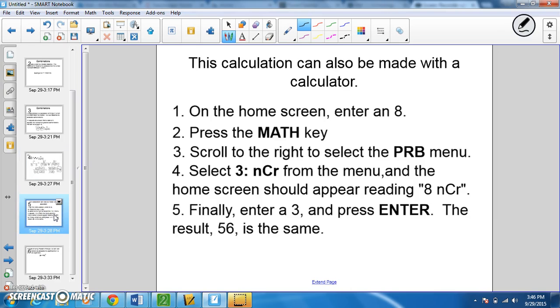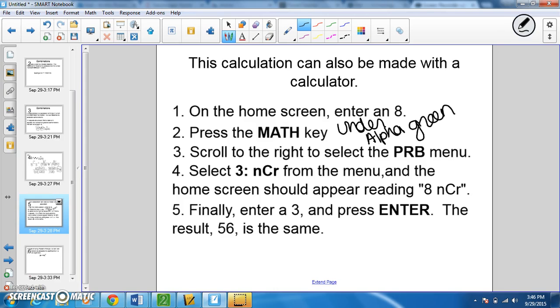We can also do this calculation of combinations with a calculator. So, if we start on the home screen and enter 8 into our calculator, then press the math key, which is under alpha, the green key, and we scroll to the right to the PRB menu, which stands for probability.